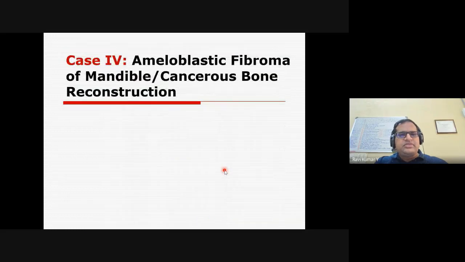The next part of the case study, the fourth case study, is ameloblastic fibroma of the mandible, or cancerous bone reconstruction.